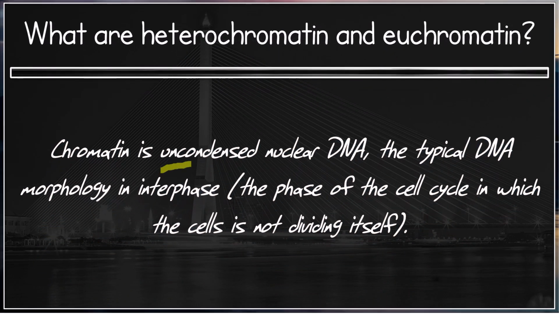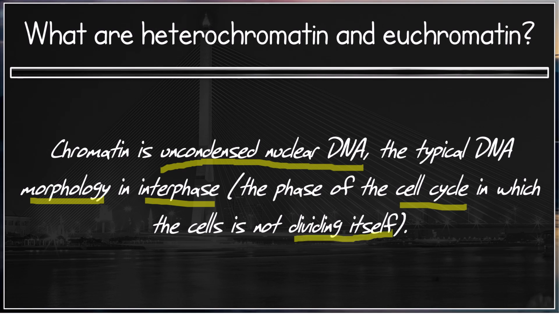Chromatin is uncondensed nuclear DNA, the type of DNA morphology in interphase, the phase of the cell cycle in which the cell is not dividing.